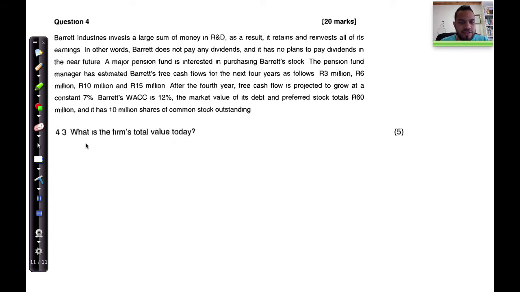The firm's value today, the firm's worth, is going to be the sum of all the future cash flows, in each year from 1 to 4. Let me make this the sum of the present values of all the future cash flows, plus the terminal value.